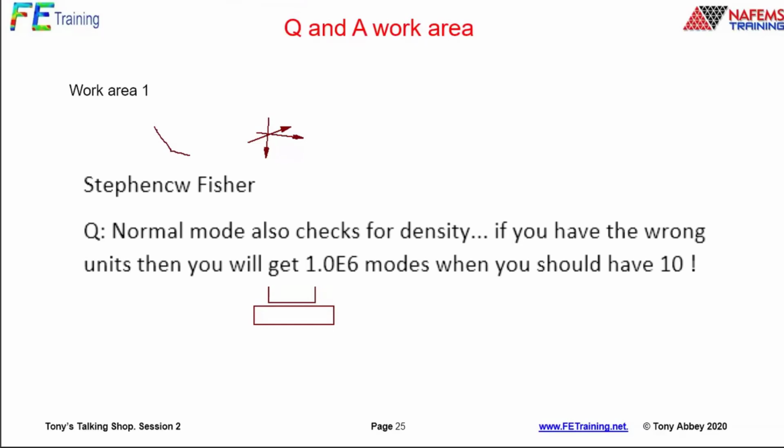Stephen says, normal mode also checks for density. If you have the wrong units, then you'll get 1e to the 6 modes when you should have 10.